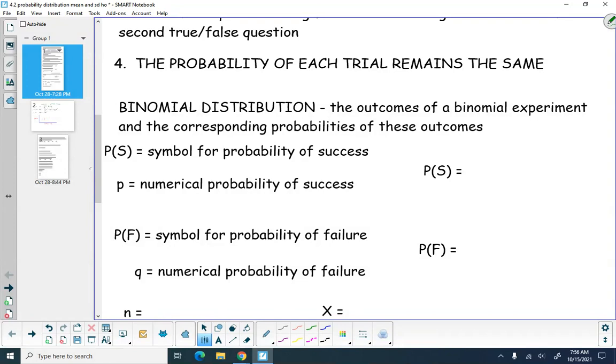Let's talk about the ACT for a minute. On the ACT, you have multiple choice with 5 options.